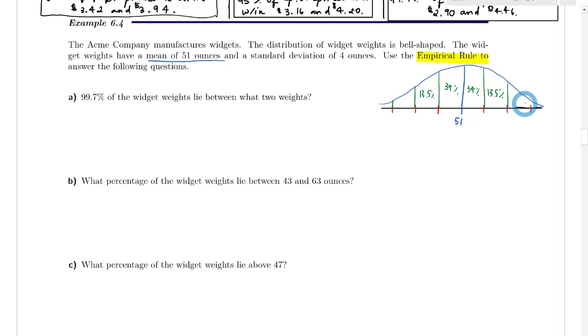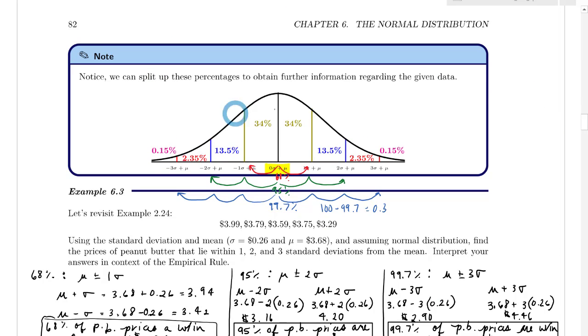And this last piece here is 2.35%. And the tails is 0.15%. And again, I'm not making this up. It was in our little note box right up here on page 82.